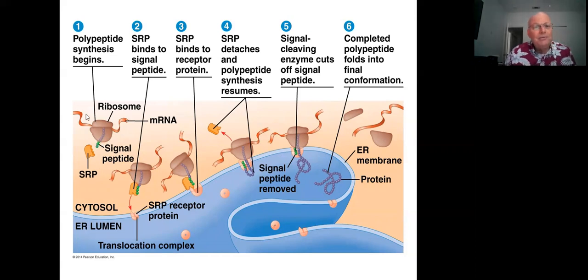This escorts the ribosome, the messenger RNA, and the elongating polypeptide down to the surface of the endoplasmic reticulum, where it binds to a translocation complex, a protein complex that acts as a gateway into the endoplasmic reticulum. The SRP binds to that and acts as a key to unlock the translocation complex. This allows the polypeptide now to be secreted into the lumen of the rough endoplasmic reticulum.